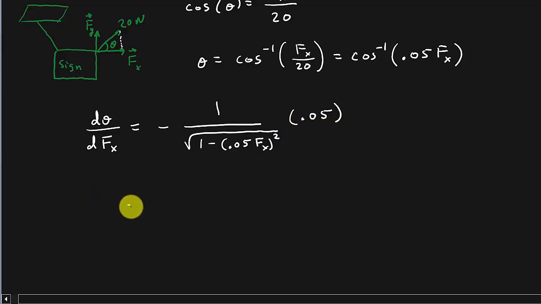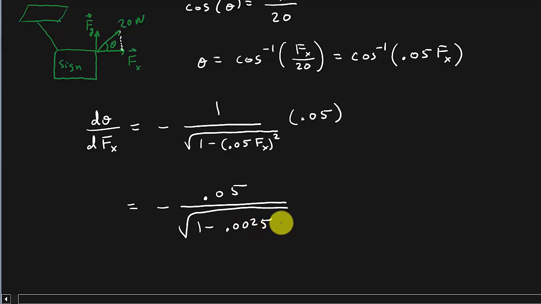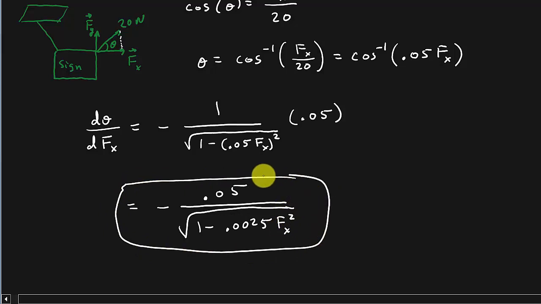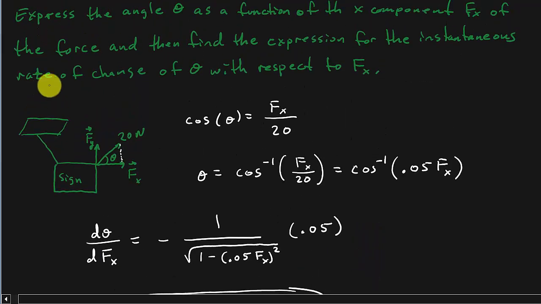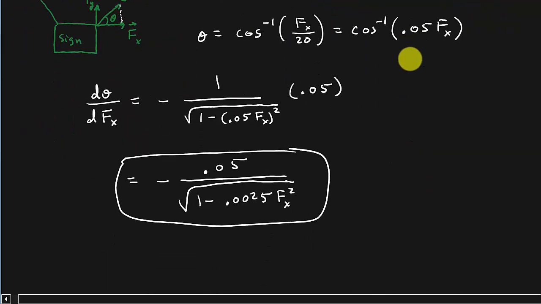And so we get negative 0.05 over the square root of 1 minus, let's see, what is 0.05 squared? That's 0.0025 f sub x squared. And there's your instantaneous rate of change of theta with respect to f sub x.